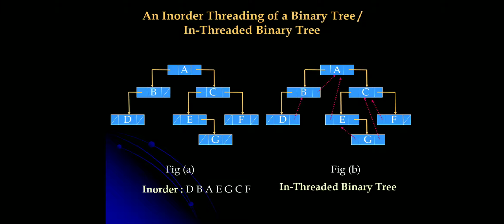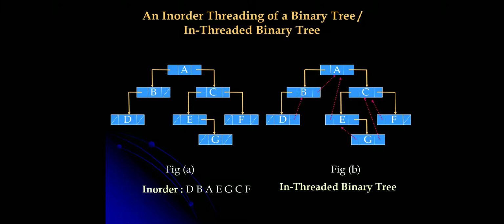Since we are discussing the in-threaded binary tree, any of the left child fields which are null are replaced with the in-order predecessor node address, and right child fields which are null are replaced with the in-order successor node address, then this becomes an in-threaded binary tree. So what is the in-order traversal for this example binary tree? It is D B A E G C F, and you can observe node D, the right child field is null.